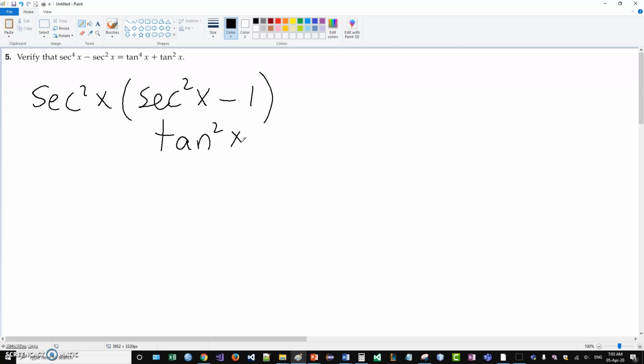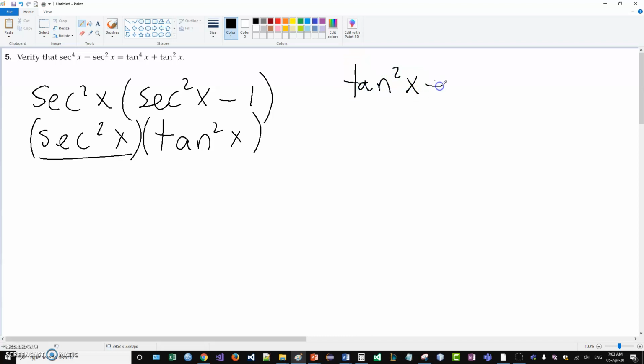Yes, and here we have secant square x. Right here we have tangent square x plus 1 equals secant square x. So when you bring the 1 here, minus 1, it becomes tangent square x.